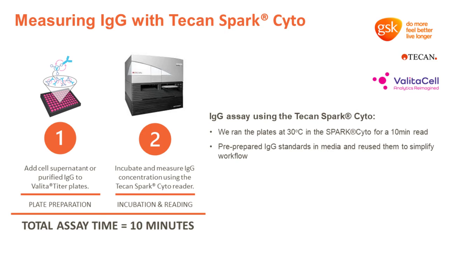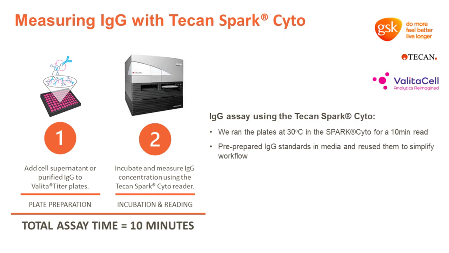We've made some improvements in our workflows with the Valita titer, using it on the Tecan Spark, and we observed that incubating the plates inside the Spark Cyto actually improved the protein G binding, which is most likely due to increased kinetic energy.